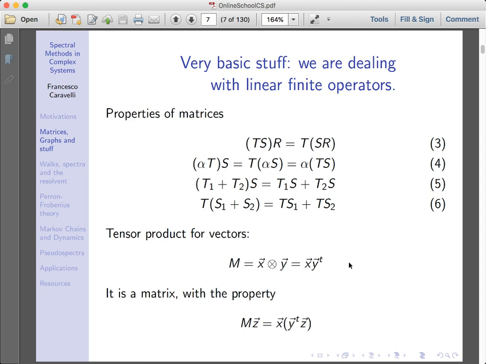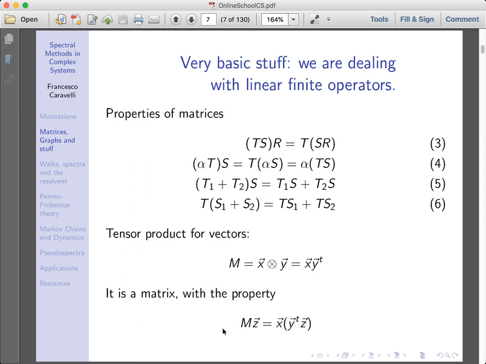One comment about notation. I'm going to mention several times the tensor product for vectors. I tend to use two notations. One is the first here in the slides, so x cross y, or I also use this other notation where I make explicit the transpose of the right vector.